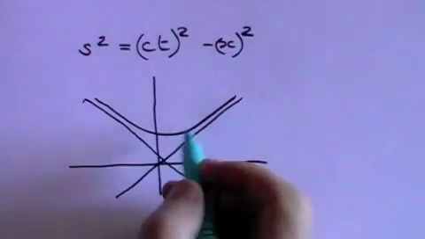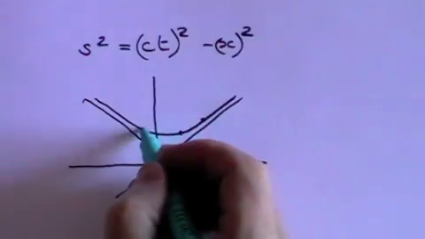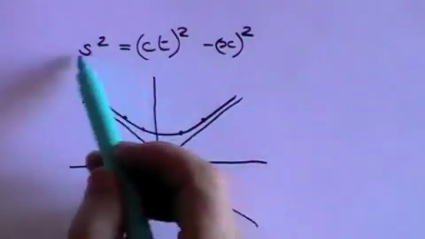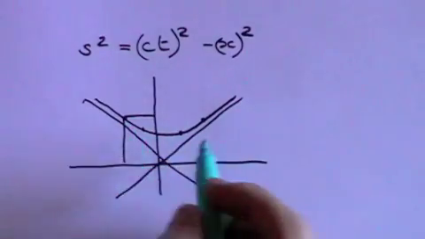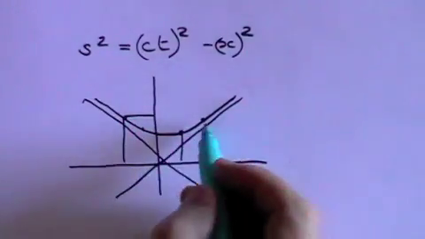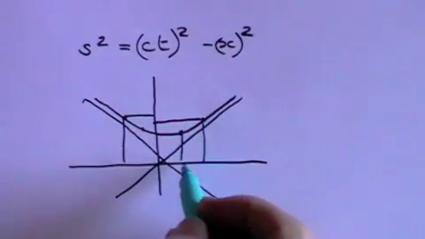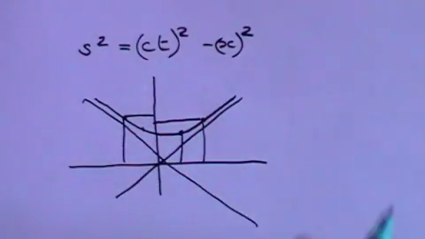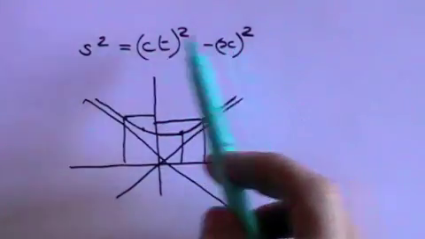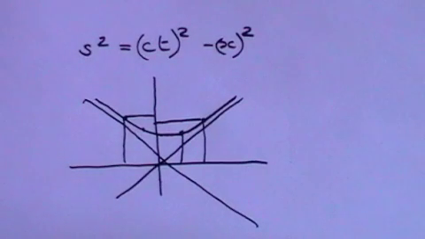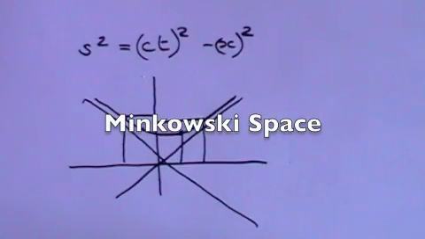And what it means is that any point on this hyperbola satisfies this equation. Different points will have different values of x and different values of t. But when you substitute them in this formula, you find that ct squared minus x squared always comes to a constant s squared. And that's a hyperbolic function, and is also sometimes called Minkowski space.